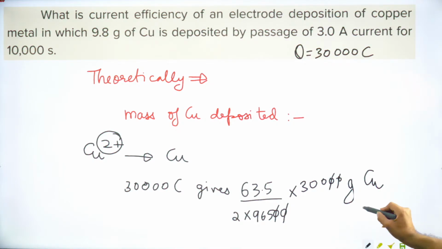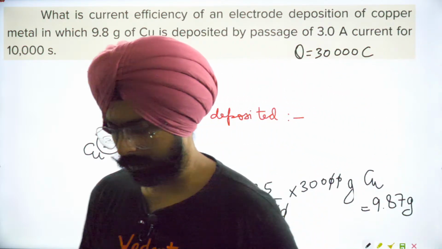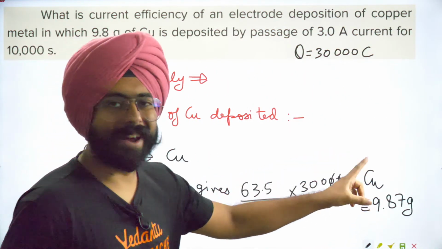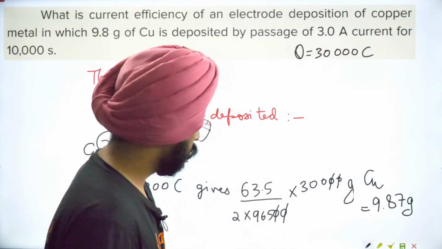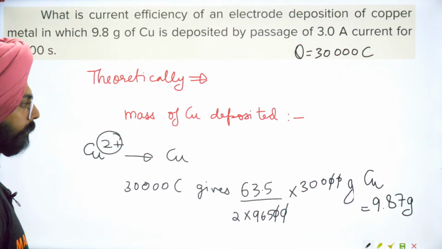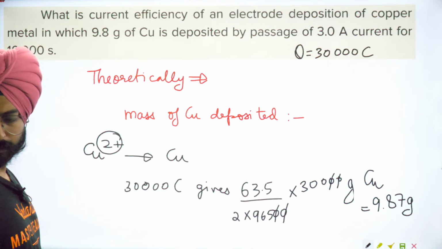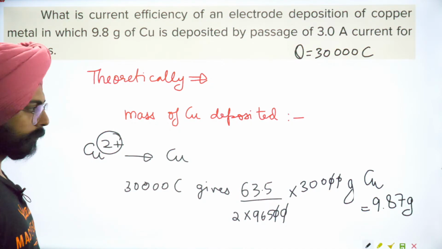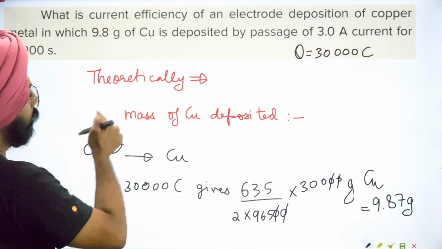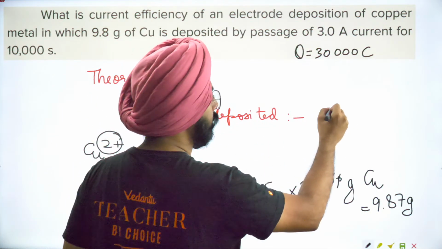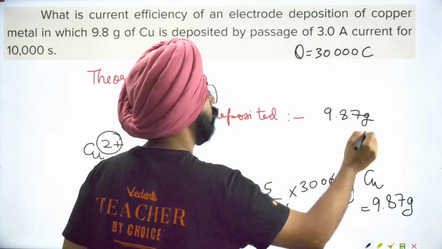This, when you calculate, will give you 9.87 grams. Okay, so theoretically mass of copper deposited is 9.87 grams.